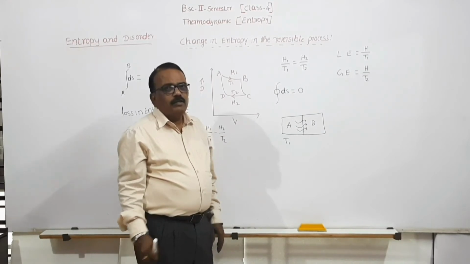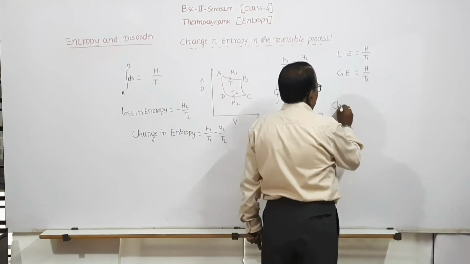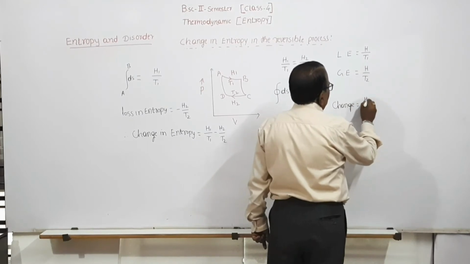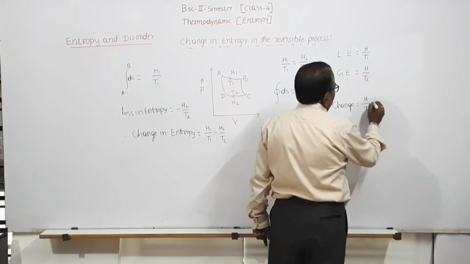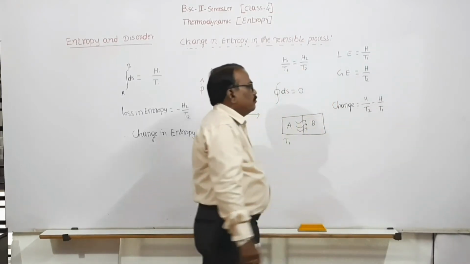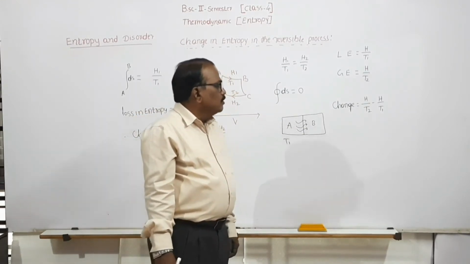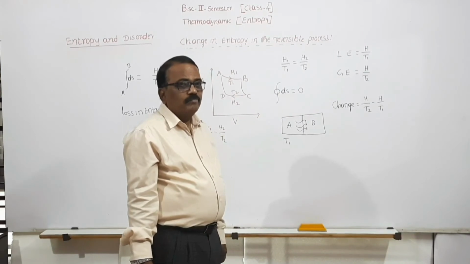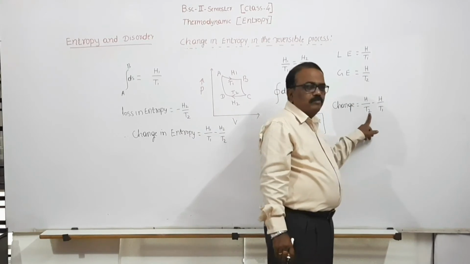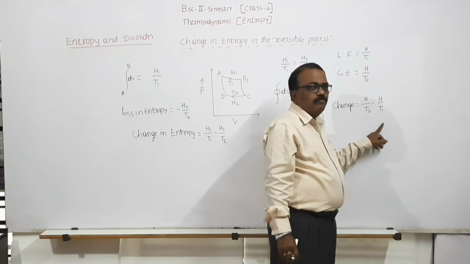Then what is the change in entropy? This change in entropy is given by H upon T2 minus H upon T1. Here whether T1 is greater or T2 is greater? T1 is greater than T2. Therefore H upon T2 is greater than H upon T1.